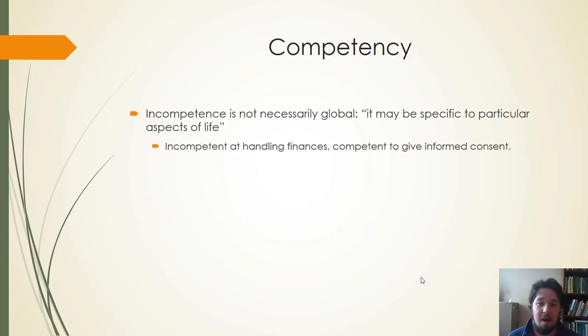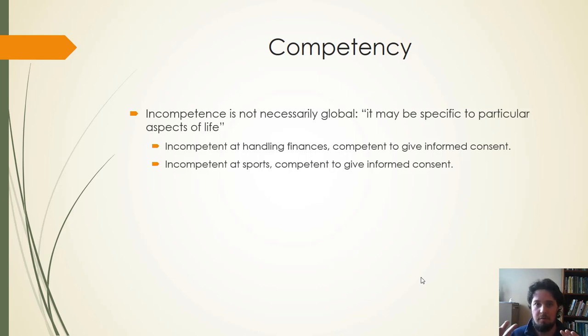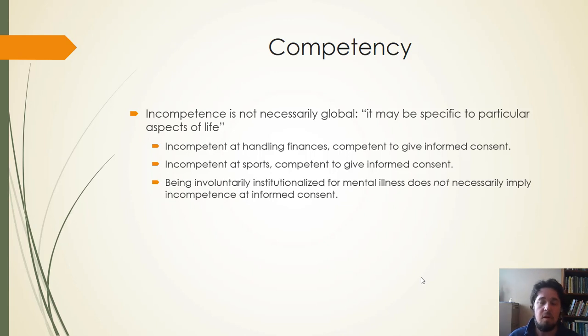So somebody might be incompetent in handling finances, for example, but nevertheless, they're still competent enough to give informed consent. Or I'm incompetent at most sports, but I'm competent enough globally to give informed consent. Another thing to keep in mind is that being involuntarily institutionalized for mental illness doesn't necessarily imply that the patient is incompetent. Those two things can come apart.